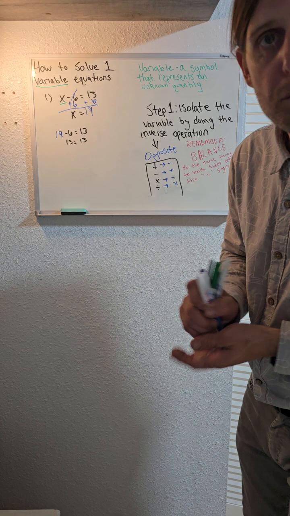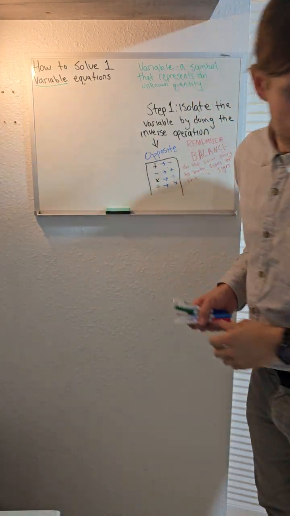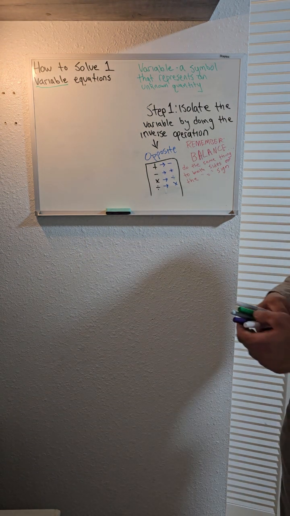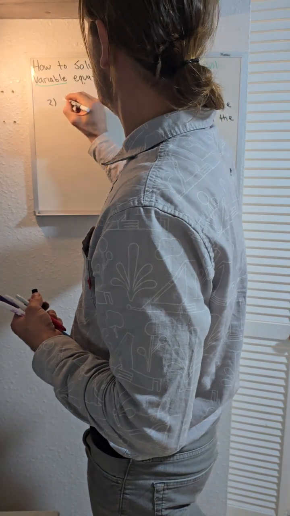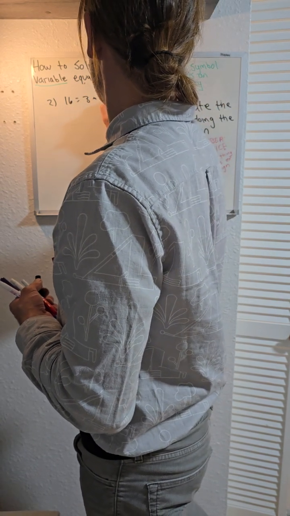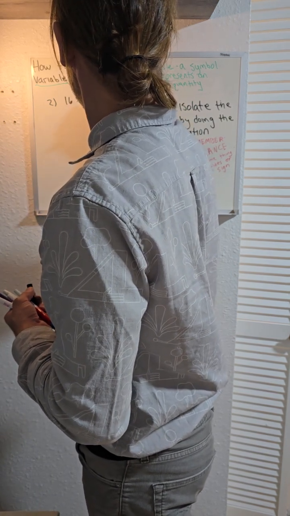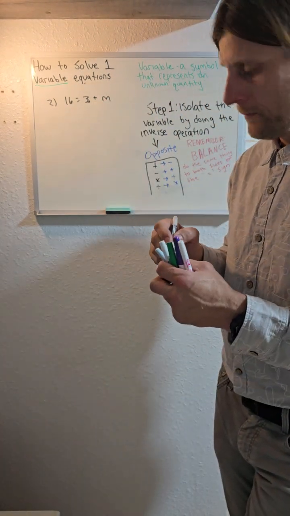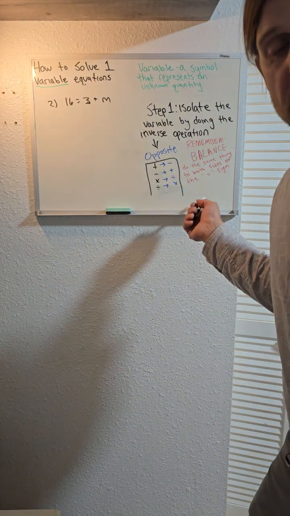Let's work an addition problem. Here we have 16 equals 3 plus n. Although our variable is on the other side of the equal sign, that's okay.